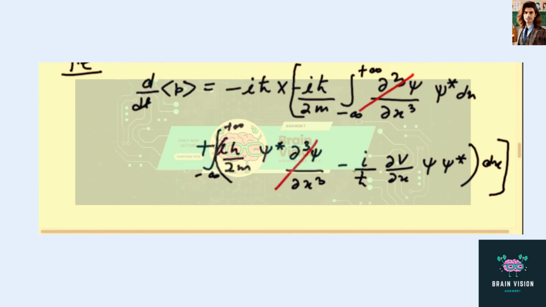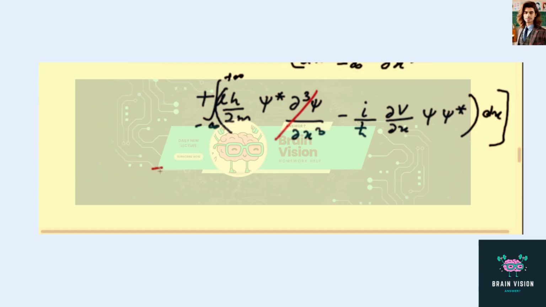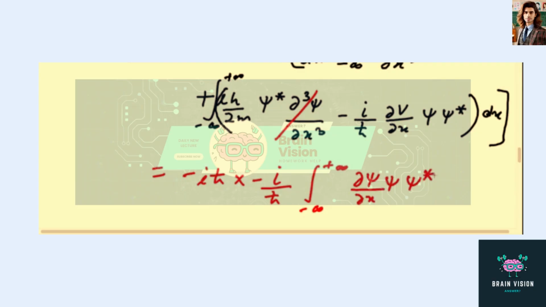And here you will get only minus iħ and this value, that is minus iħ into minus i/ħ, integration of this, ∂V/∂x ψ and ψ* dx.